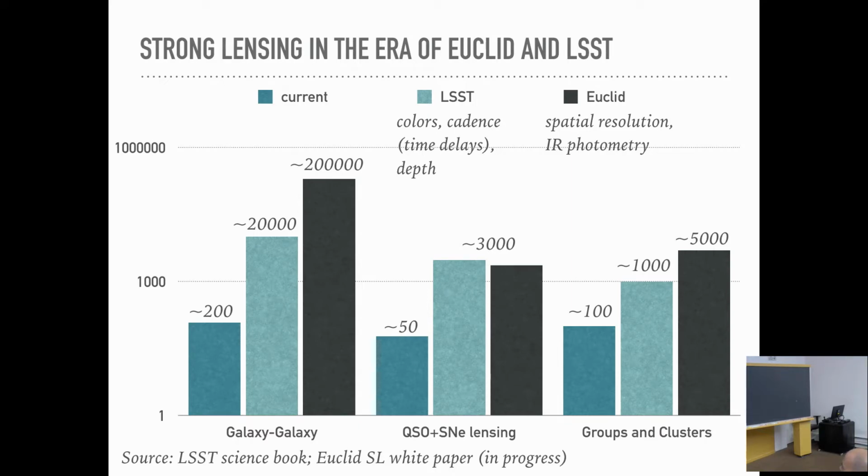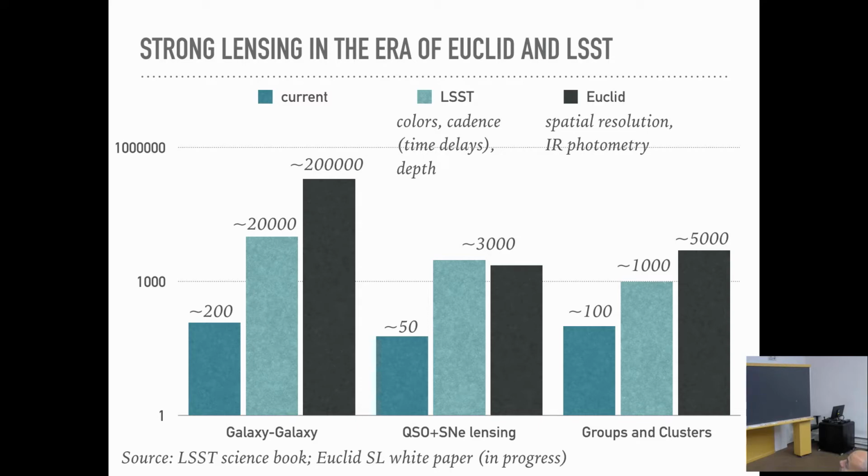But what's ahead of us is something that is hard even to imagine right now for people working in this field, because with instruments like LSST or Euclid, we're going to make a kind of quantum leap in terms of numbers of available lenses, by orders of magnitude. With Euclid in particular, we expect to detect of order 200,000 galaxy scale lenses and of the order of a few thousand cluster scale lenses.